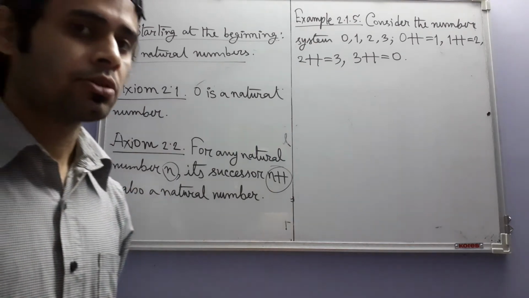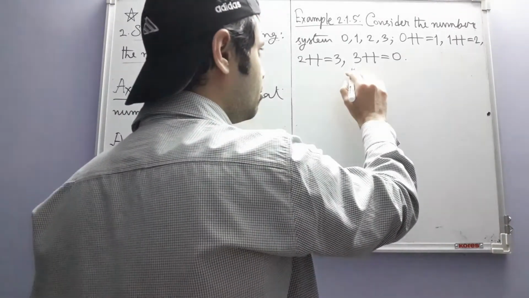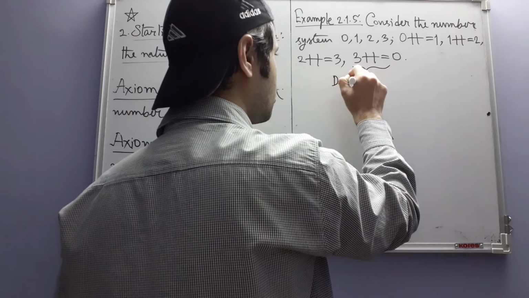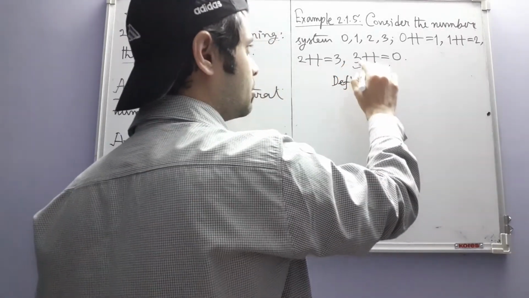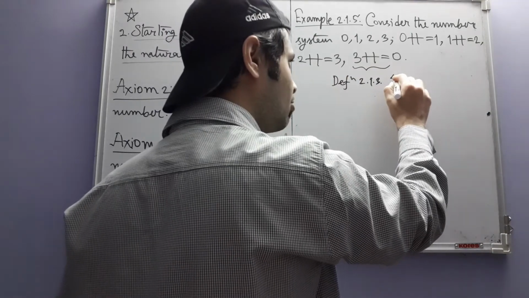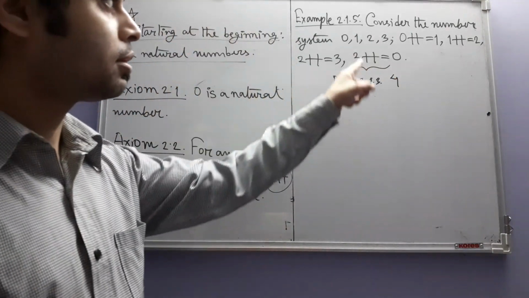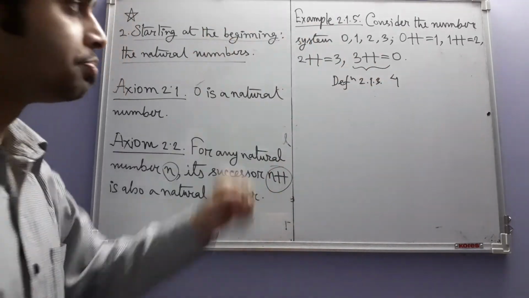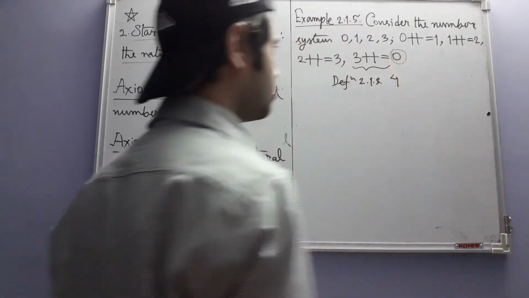We know 4 is not equal to 0, right? Because if you look at definition 213, by that definition 3 plus plus is equal to 4. The symbol 4 is the successor of 3. But we have decided to make it equal to 0.